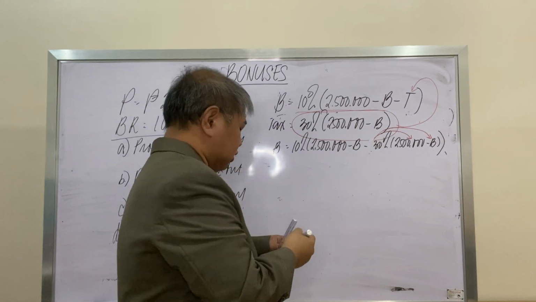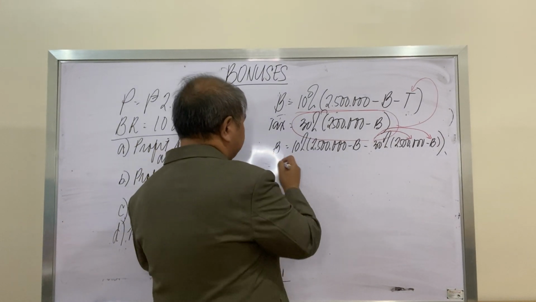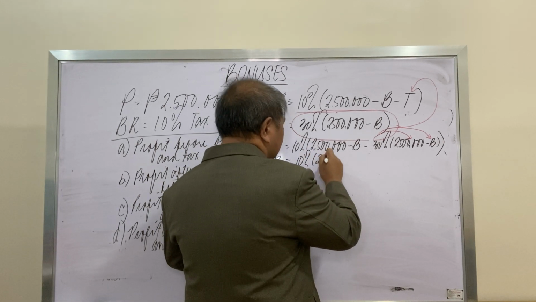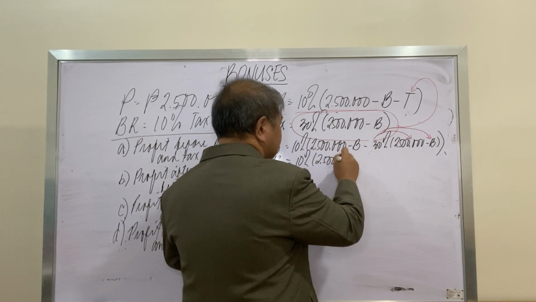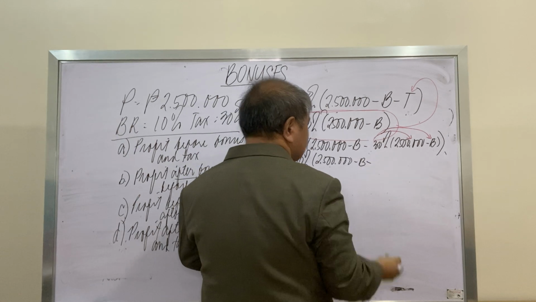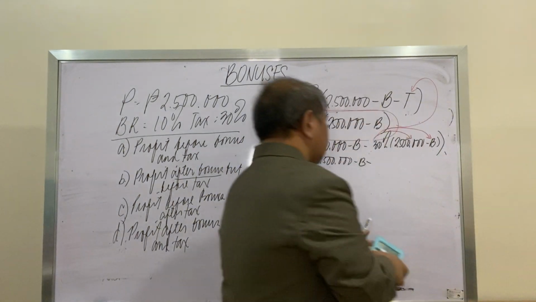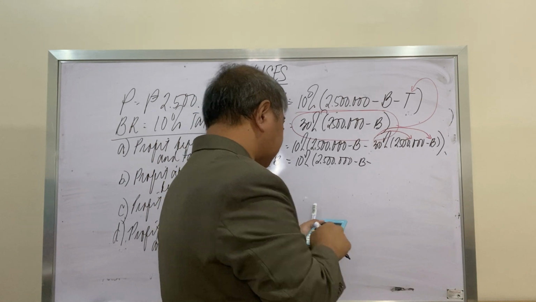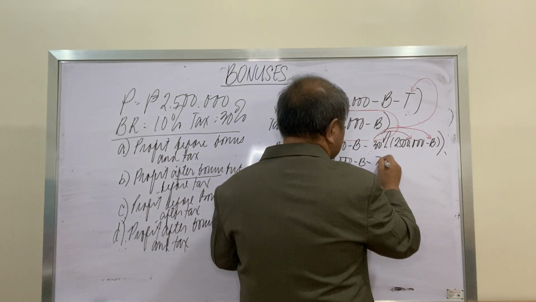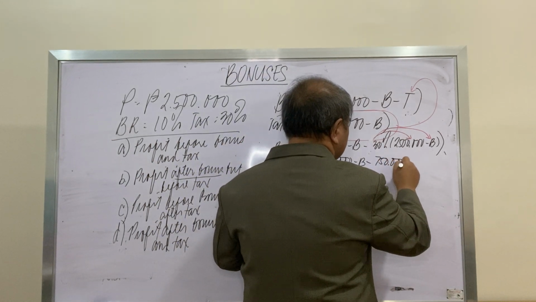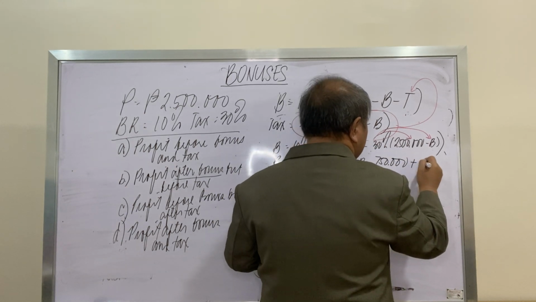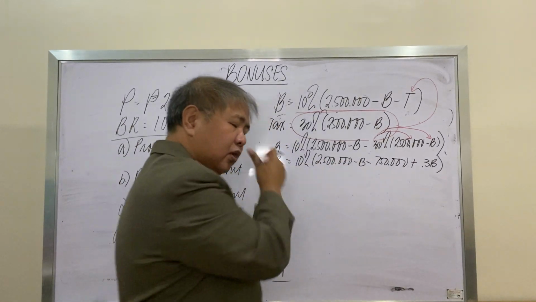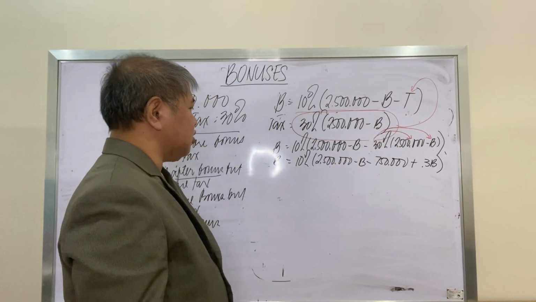Okay, so now we have the formula for the bonus. That's 10% of 2,500,000 minus B minus, okay, so that's 2.5 million times 0.3, that's 750. So minus 750,000 minus plus minus will be positive 0.3 of B. So this will now be our new equation.